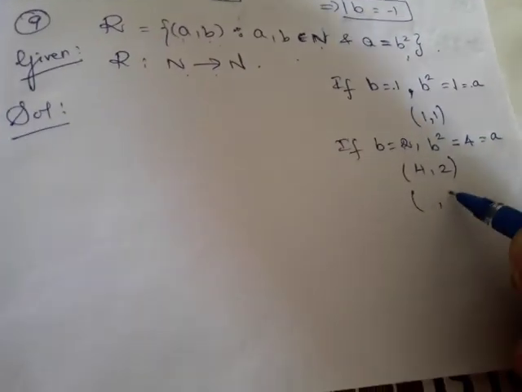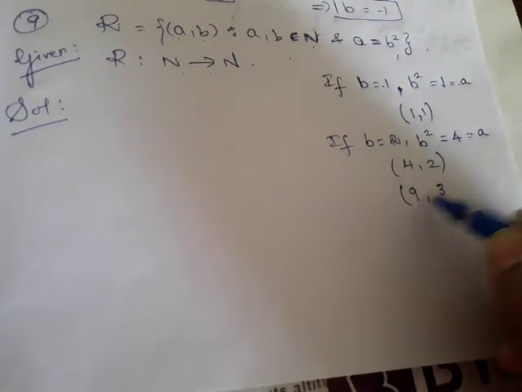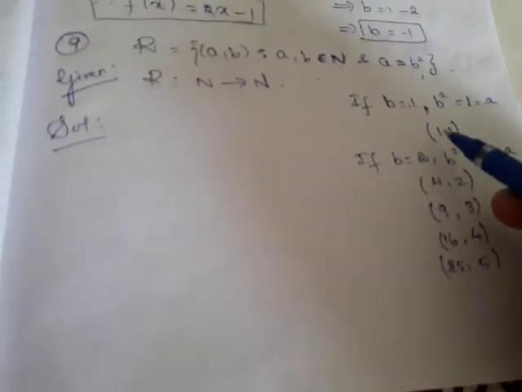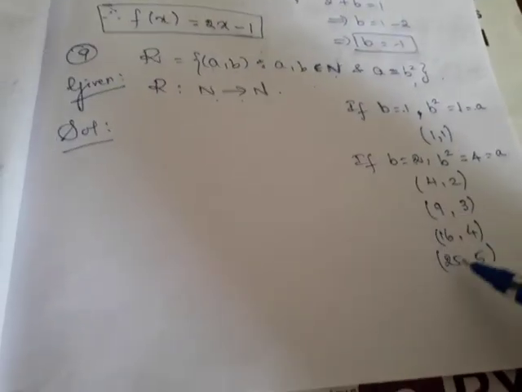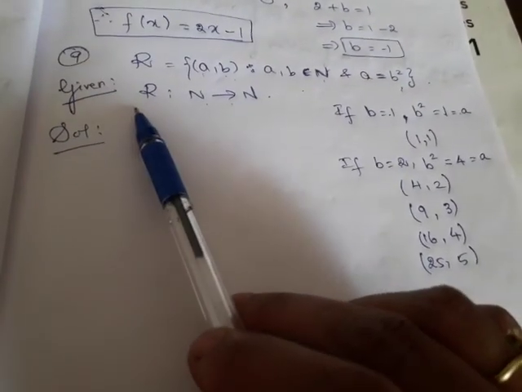So your third ordered pair will be 9 comma 3. Then your next ordered pair will be 16 comma 4, then 25 comma 5, and so on. These are all the elements of the relation R.